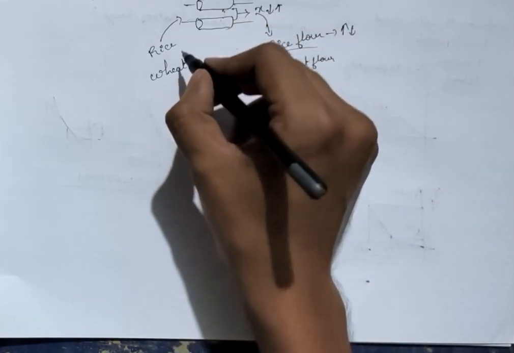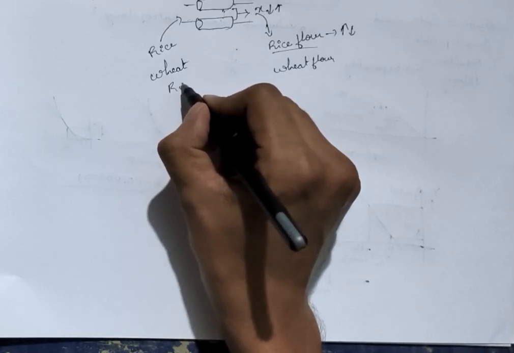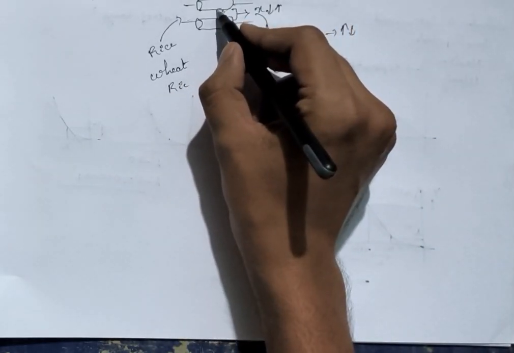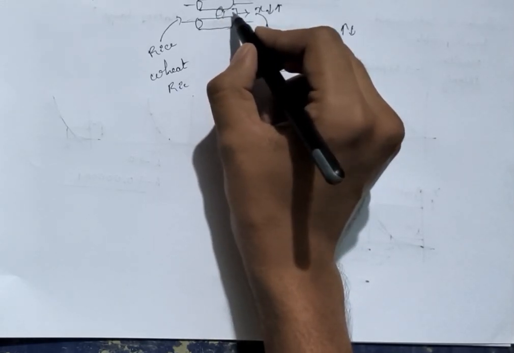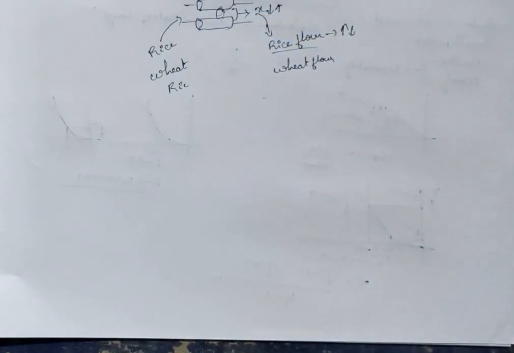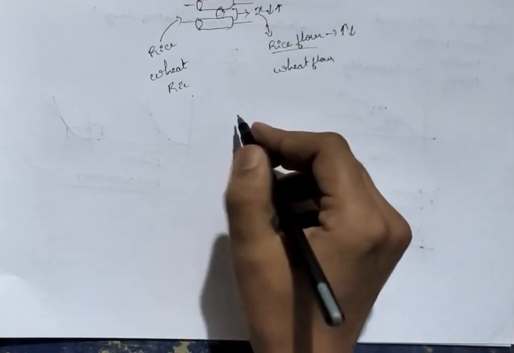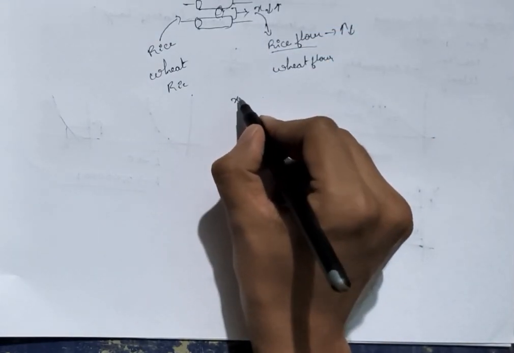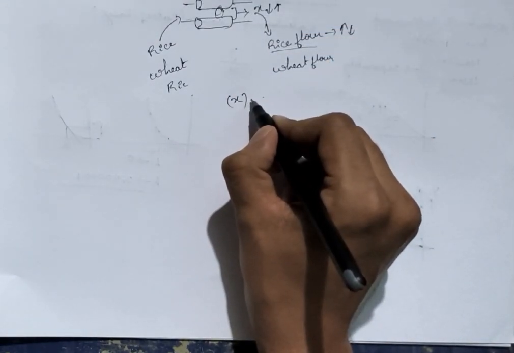In this way, the rice is the independent variable. The rice flour is dependent on the wheels and the distance between the wheels. This is x, the independent variable.